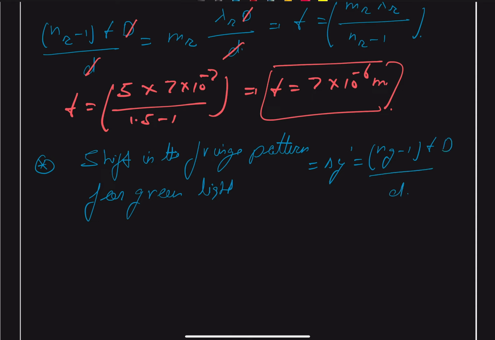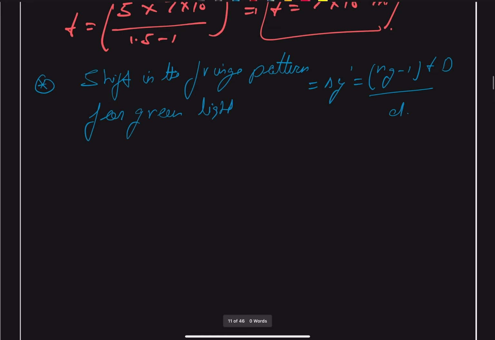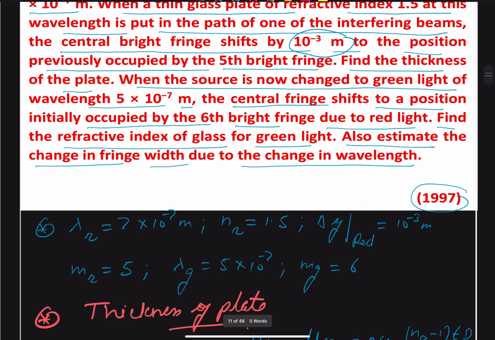And once again we are going to write the shift position is equal to the sixth bright fringe for the red light.